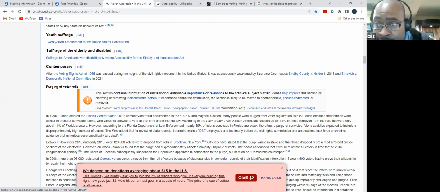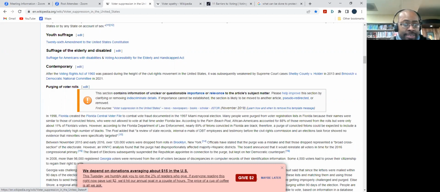And then you have Brnovich versus the Democratic National Committee in 2021, which took away certain rights or weakened the Voting Rights Act of 1965. You might want to read up on that.